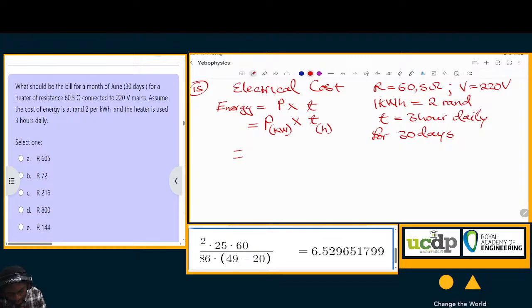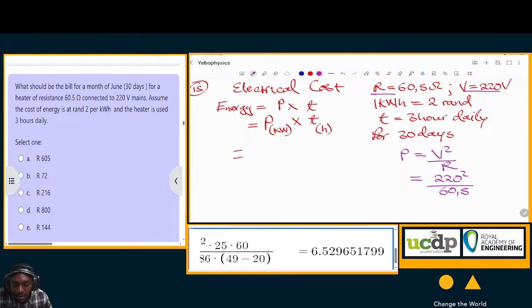Again, your power we're not given, but we can find our power given the resistance and the voltage. We now know that power is equal to V squared over resistance. So V squared is going to be 220 squared over the resistance, which is 60.5.